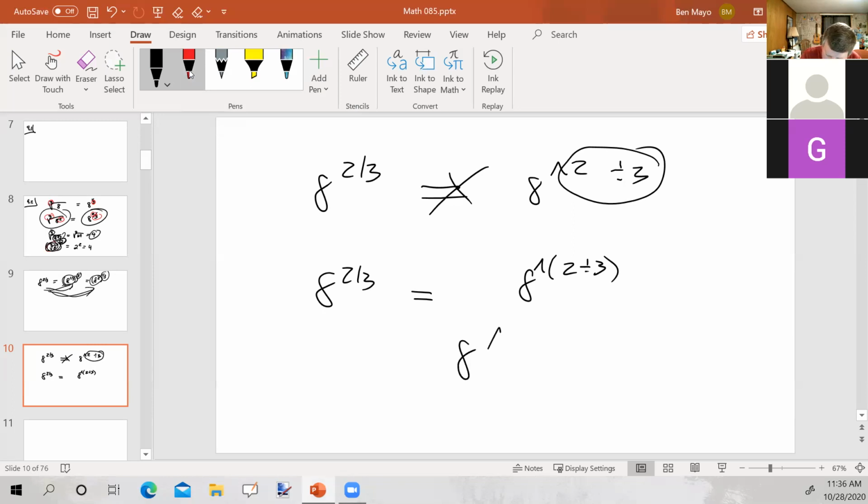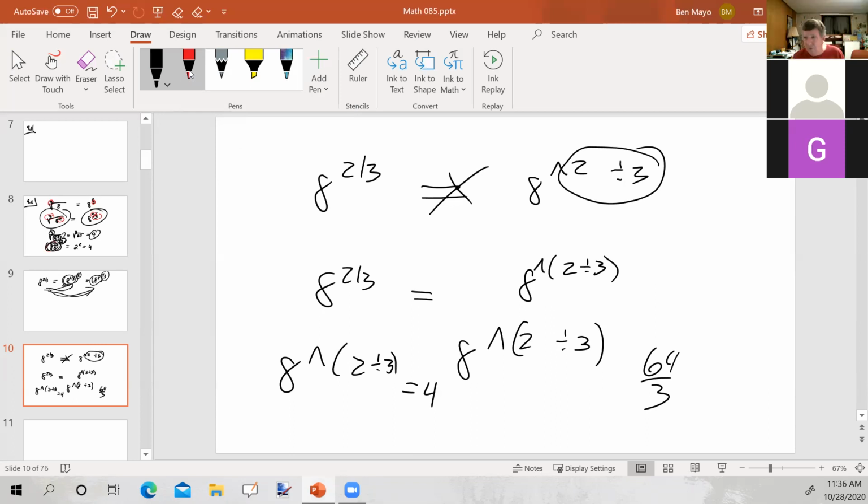If you go 8 raised to the 2nd power divided by 3, that's basically 64 divided by 3. You need to tell the calculator that the 2/3 is the exponent. So you're going to go 8 and then the little caret power key, parentheses 2 divided by 3, equals, and that should give you an answer of 4. If you do it incorrectly, you get an answer of like 21 and something.